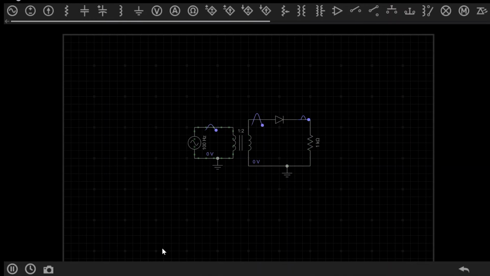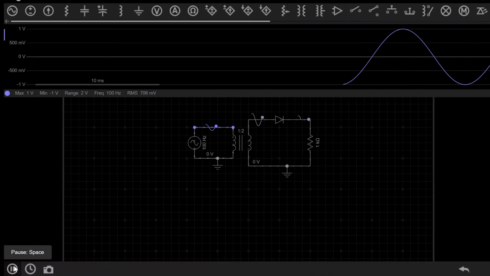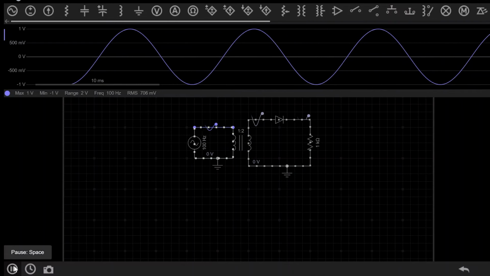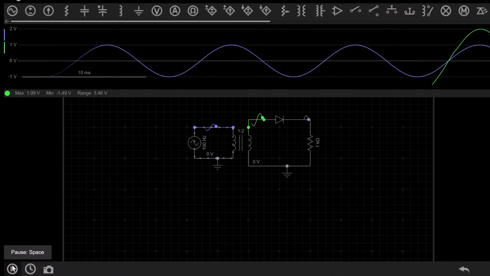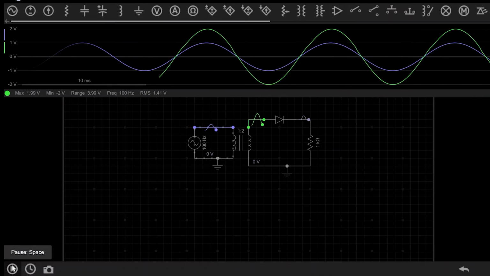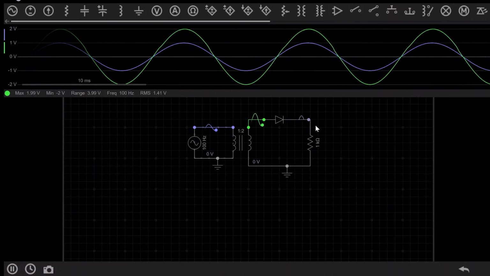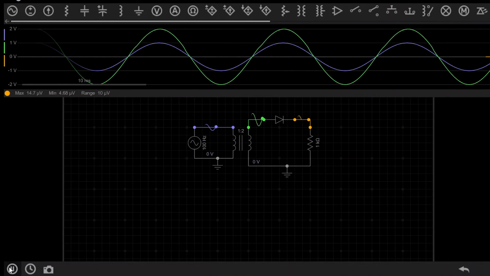So now we'll have a look at the simulation. So this is our half wave rectifier circuit, and this is our input signal, and we are using a step up transformer, and you can see here our voltage is stepped up, and we'll now see our output across the load resistance RL.